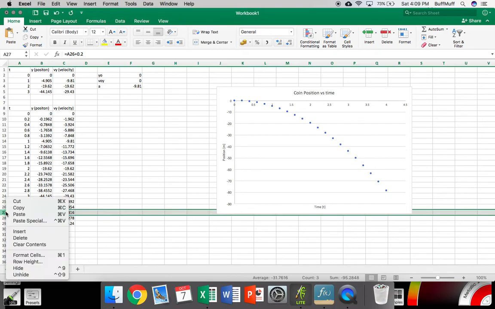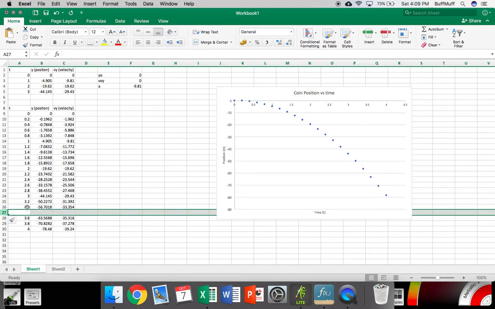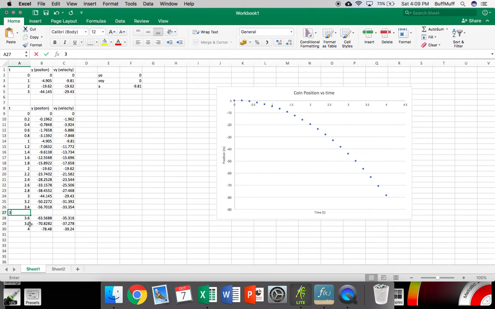So why don't we add another point here? Okay, so let's calculate it with 3.5. I just need to drag this formula right here and drag this formula right here. So look, at 3.5 seconds, my ball is at negative 60 meters. We are looking for the time that will give us a position of negative 57, because that's the height of the tower.